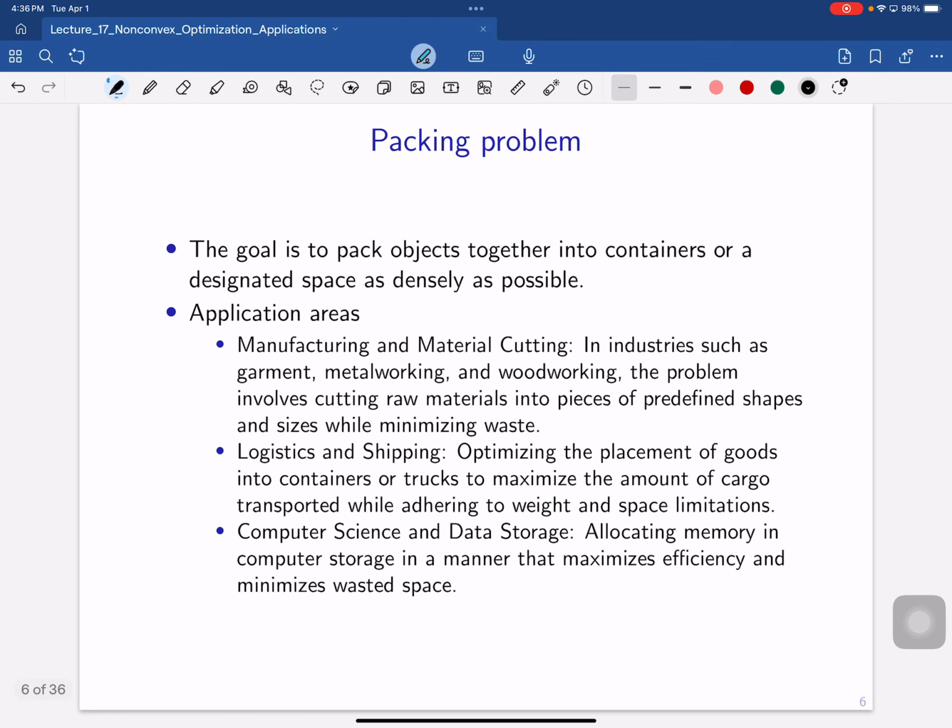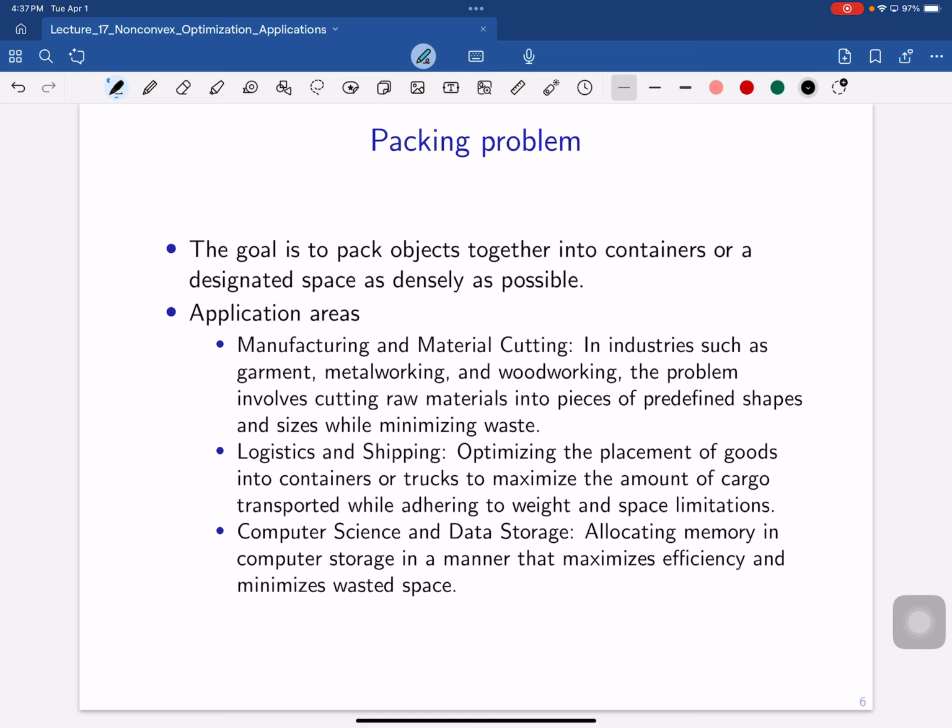Now, let's start with the so-called packing problem. The idea is you want to pack some objects into a container, or you want to cut a material into different types of shapes. It has very wide applications. For example, in manufacturing, in industries like garment, metalworking, woodworking, you want to cut some materials into predefined shapes.